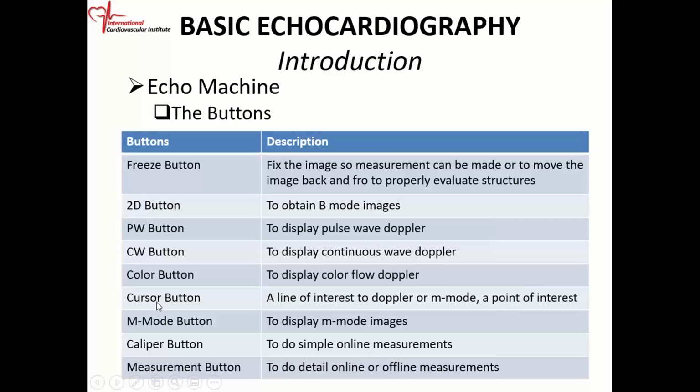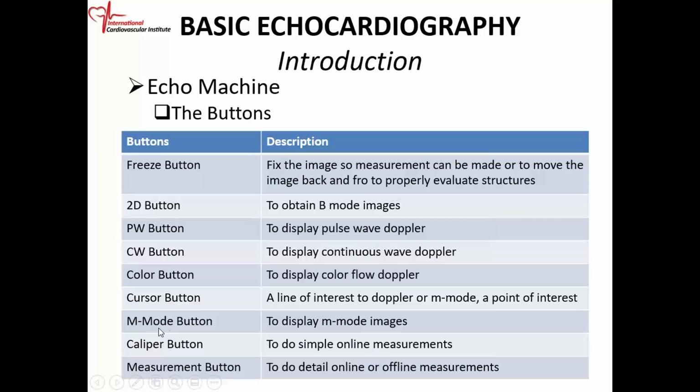Then there's a cursor button. So if you want to, say, do an M mode of a specific area, or you want to evaluate a specific area, then you use the cursor button. It's a line of interest for Doppler or M mode, a point of interest. So if there's a specific area you want to highlight, then you use your cursor button to do that.